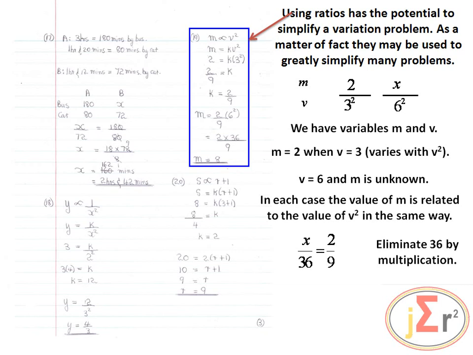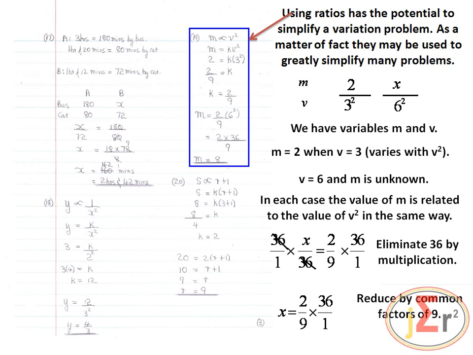We have to keep the equation balanced by multiplying by 36 on the right hand side also. We do that on both sides. So see, 36 will be eliminated from the left hand side, and we have x is equal to 2 9ths times 36, and we will reduce by a common factor of 9, 9 into 9, 1, and 9 into 36, 4, and there is our answer, 2 times 4, which is equal to 8.